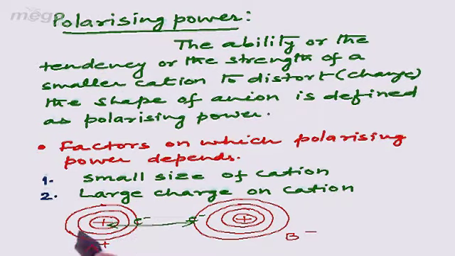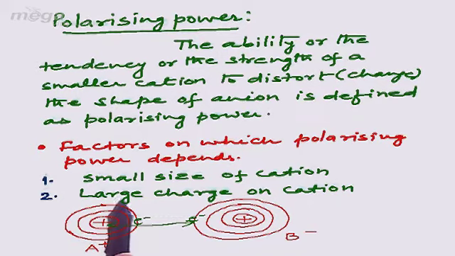If the gap between the positively charged nucleus of the cation and the valence electron of the anion decreases, the cation will lead to more distortion and hence will have more polarizing power. So point 1 is: if the size of the cation decreases, the nucleus becomes closer to the valence electron of the anion, leading to more distortion, and that is why it will have more polarizing power.